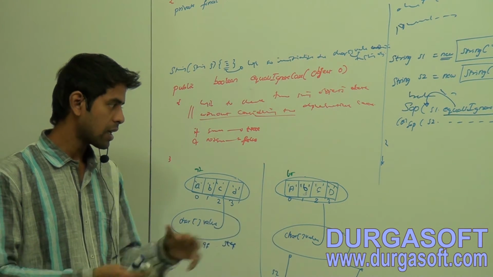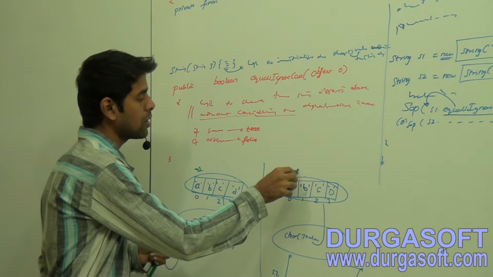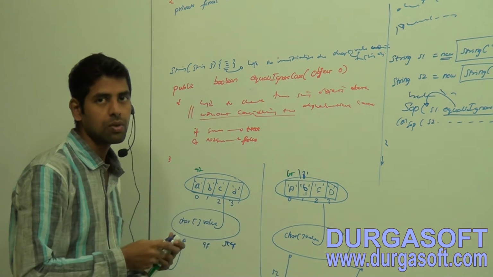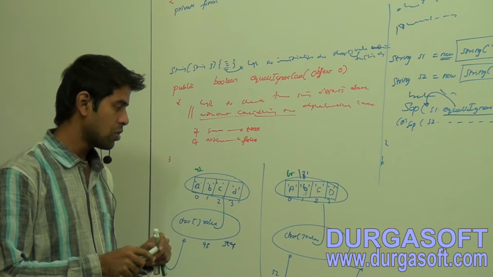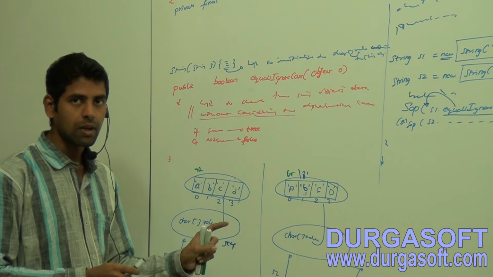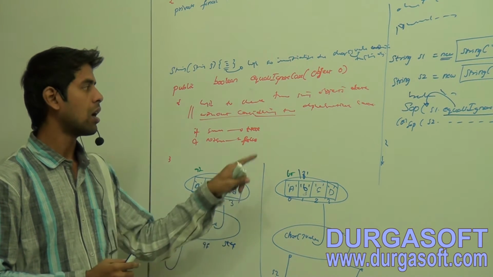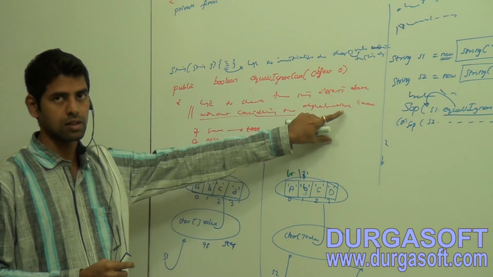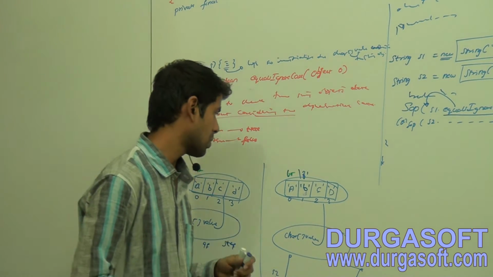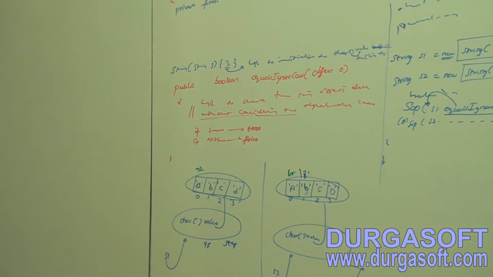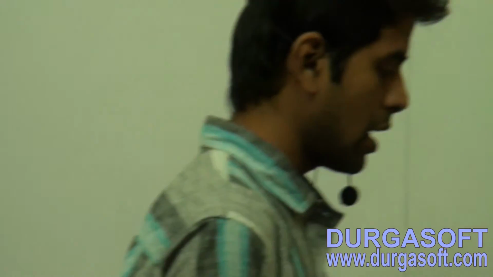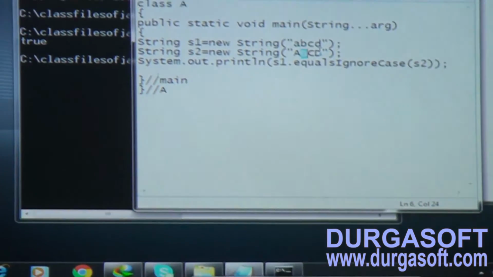Even if it is capital B, I will have the knowledge about that, no need to worry. I will check both the string objects' data without considering alphabetical cases. Now let's check this one. It will return true once again to us.